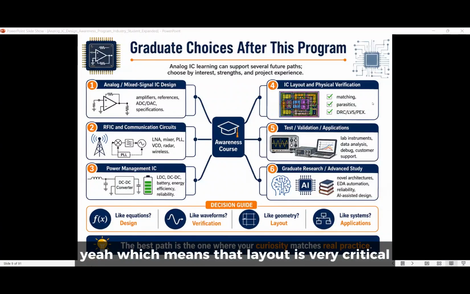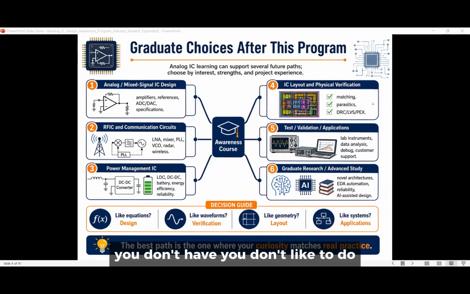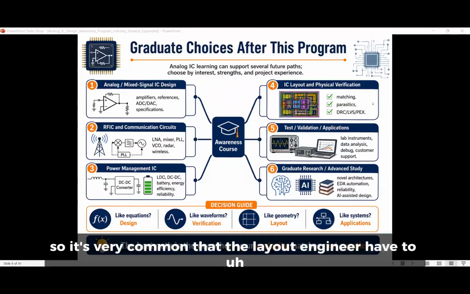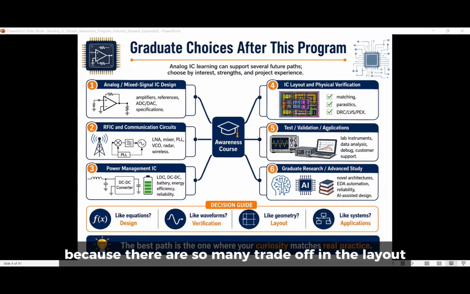The layout is not just some labor you don't like to do; it's very important. It's very common that the layout engineer has to negotiate with the design engineer because there are so many trade-offs in the layout.